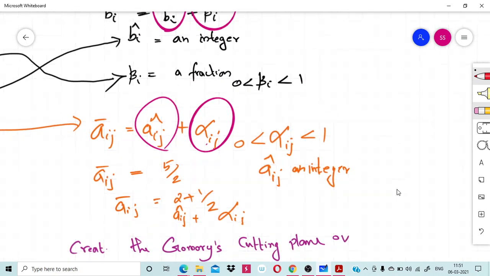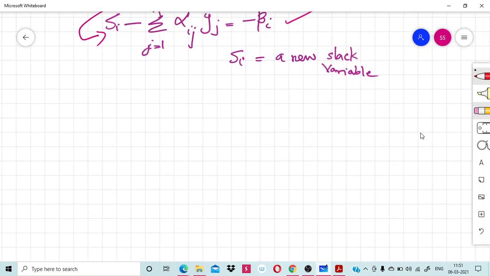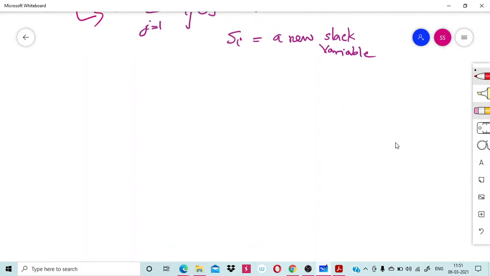So that is our general approach, and now we will take up an example problem and understand it meaningfully.